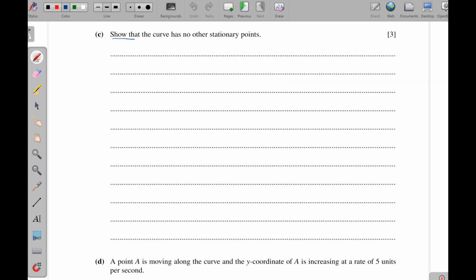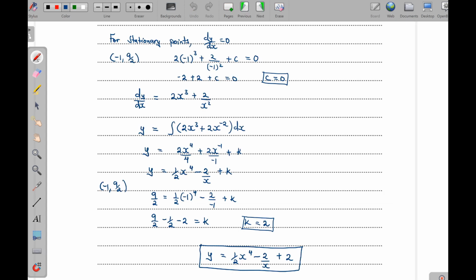Part C, show that the curve has no other stationary points. Now, again, you remember that for stationary points, we have dy dx equal to 0. So let's go back to our dy dx, which is this one here.